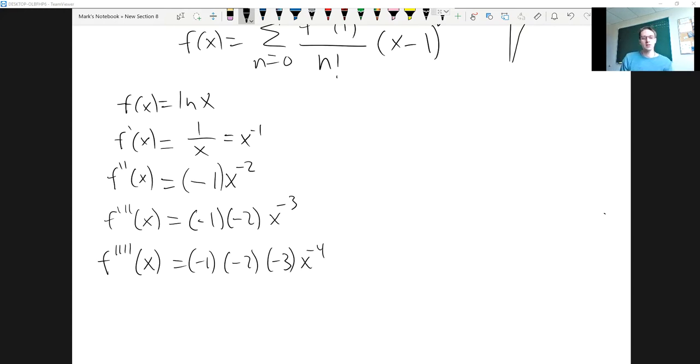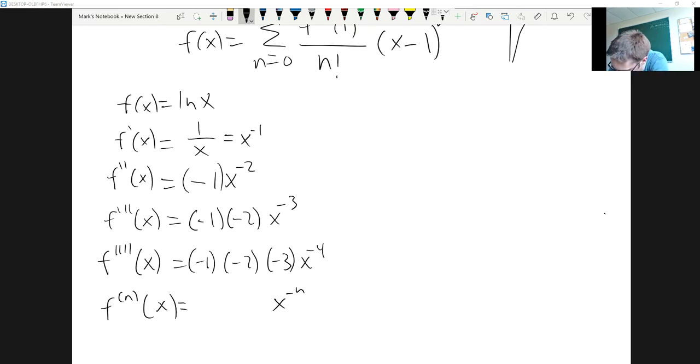And you may notice that there's a nice little pattern there. If I want the nth derivative, well, first of all, the power of x is negative n. And then what do we have out front? Well, we have 3 negative numbers when we're doing the fourth derivative, we have 2 negative numbers when we're doing the third derivative, and we have 1 negative number when we're doing the second derivative.